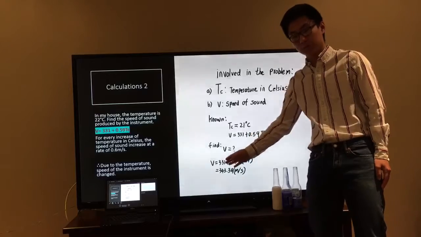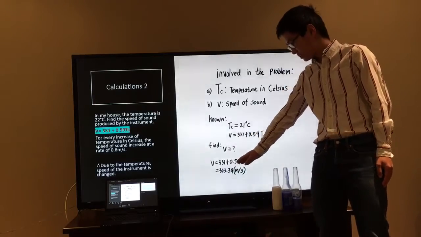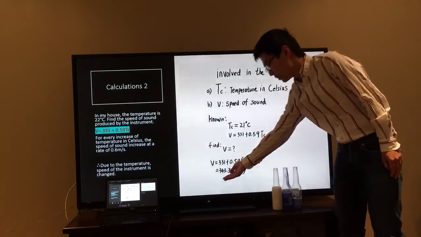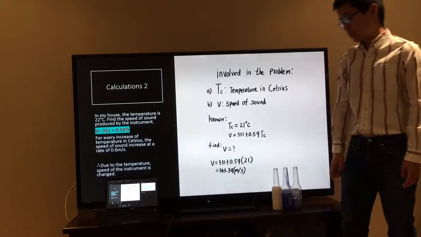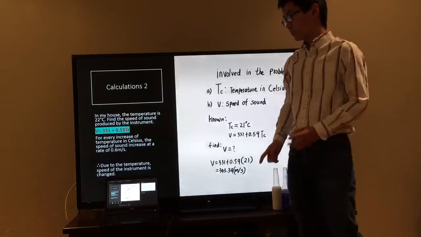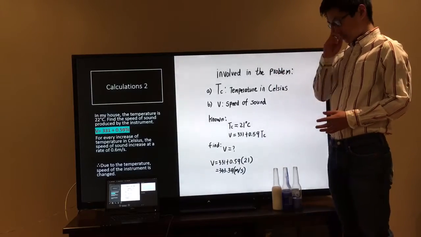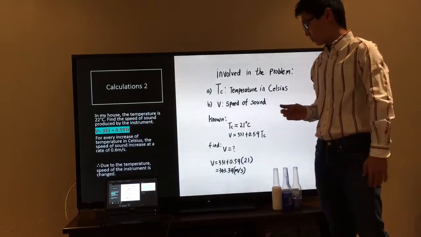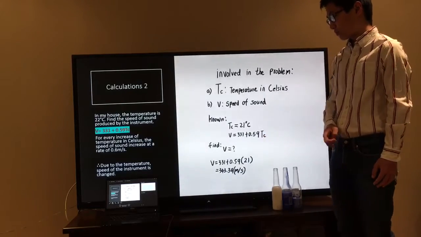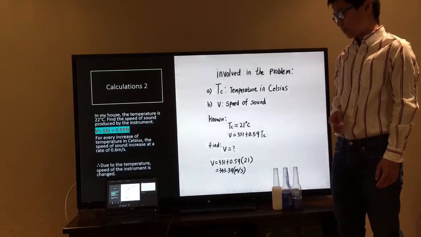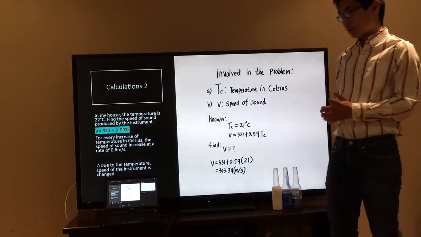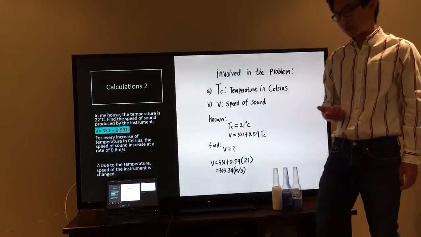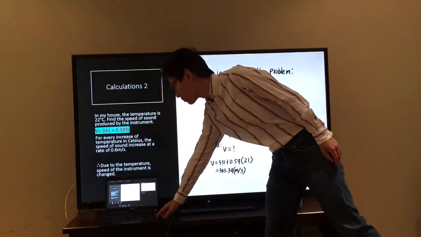So v will ultimately get you 331 plus 0.59 times 22, which will get you an answer of 343.39 meters per second, which means that at 22 degrees Celsius, or in my house, sound travels at 343.39 meters per second. And this shows that due to the temperature, the speed of sound of the instrument is changed as well, which proves my previous point.